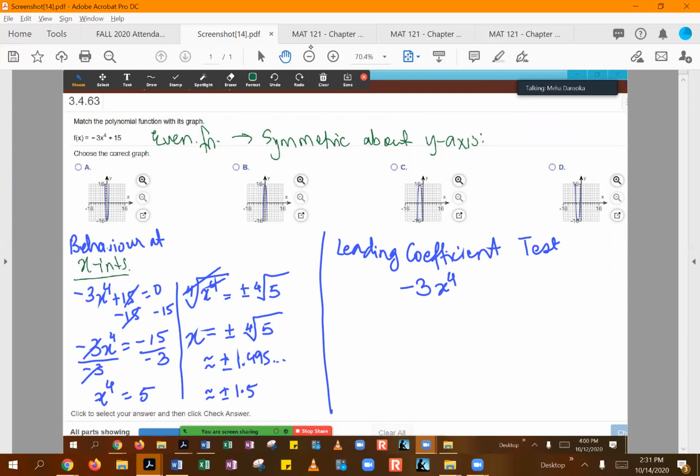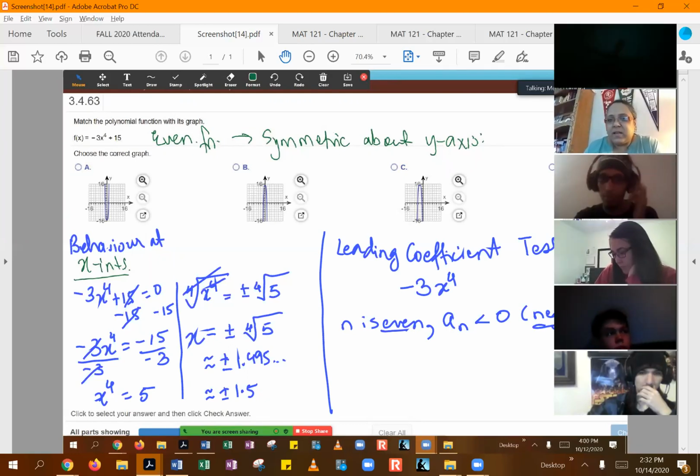Since this is an x to the fourth polynomial, our n is an even number, and our coefficient is negative 3, a value less than 0. So with even and negative, what do we expect from our leading coefficient test? Where are the arms of this graph headed?